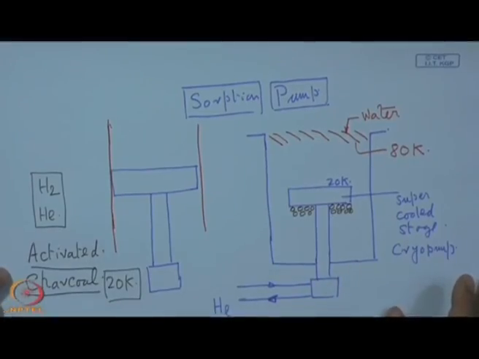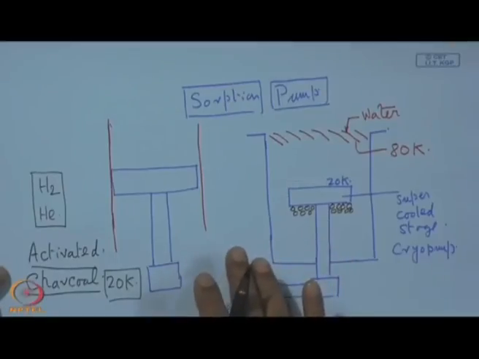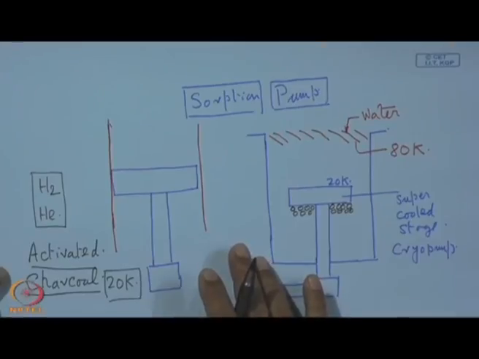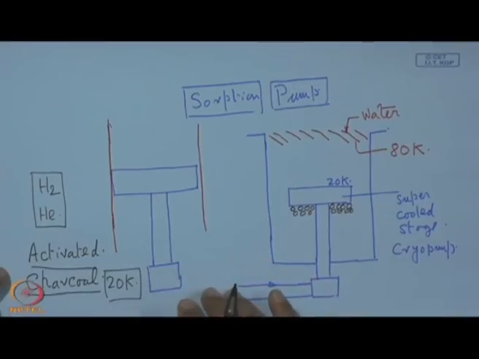So, this is one thing we can use, and it is non-rotating. Also, unlike the vapor ejector pump or diffusion pump, here the material is adsorbed and made totally immobilized, and it has to stay here.